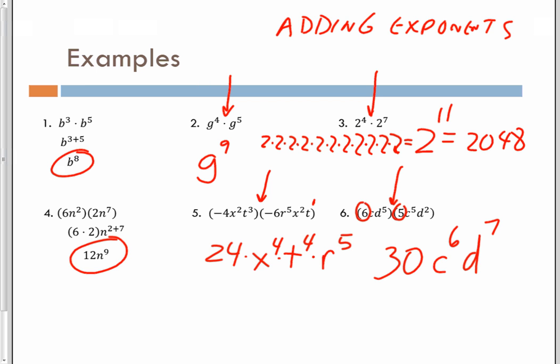You'd be double multiplying if you did the 2 times the 2. Because it's just a number, not a variable, the 4 represents how much you're supposed to multiply. The 7 represents how much you're supposed to multiply. You'll notice here, these don't have any exponents on them. So if there wasn't anything on them, then we do the 2 times 2.